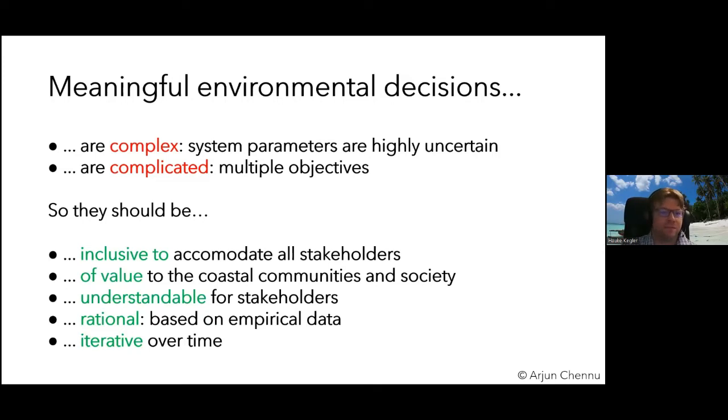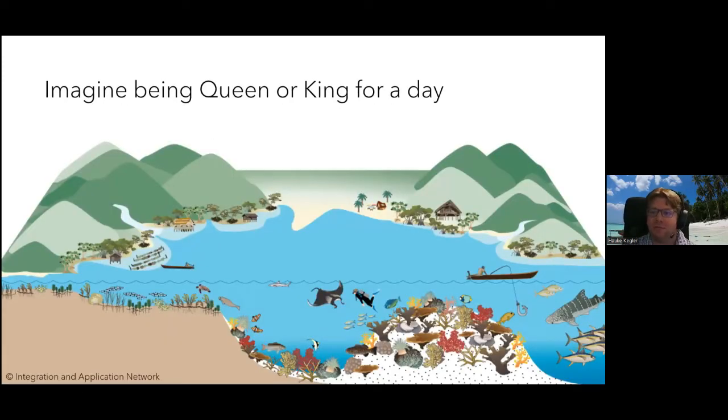So let's play a little role game. Imagine you are queen or king for a year of this specific strip of coastline, and you're tasked with managing it. I mean, it's idyllic, maybe a bit oversimplified and idealistic as well, but it gives us a nice glimpse of the multitude of ocean uses in those tropical coastal ecosystems. Some of those you can see here in the picture go hand in hand quite well.